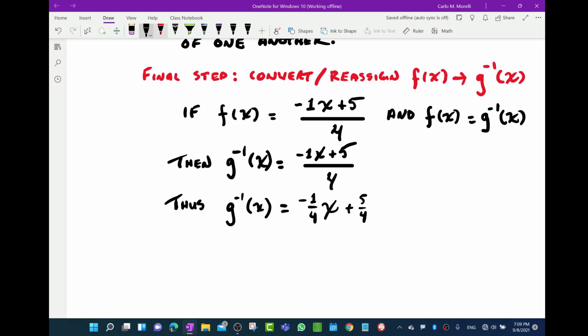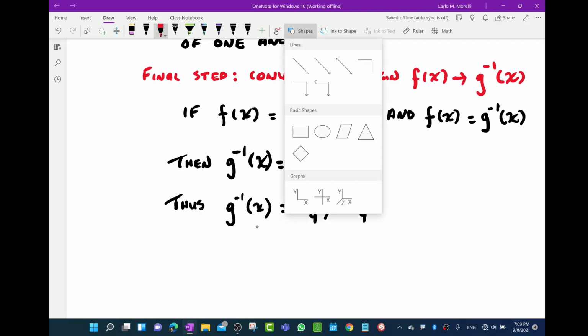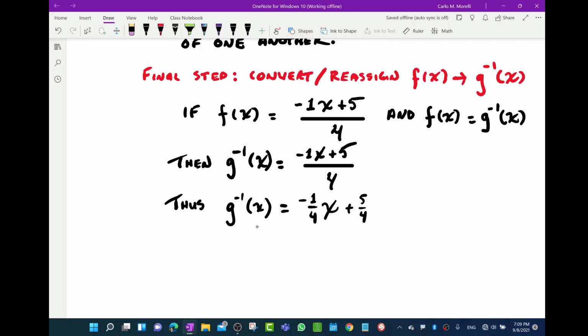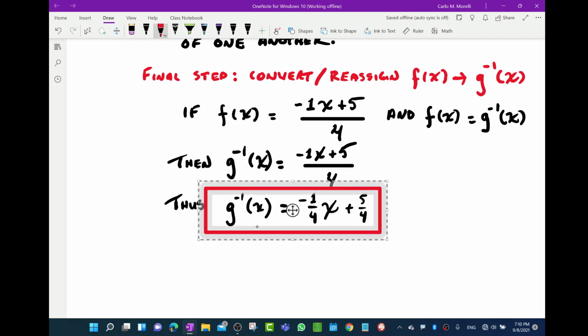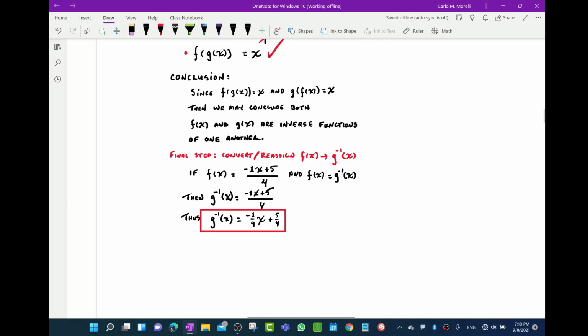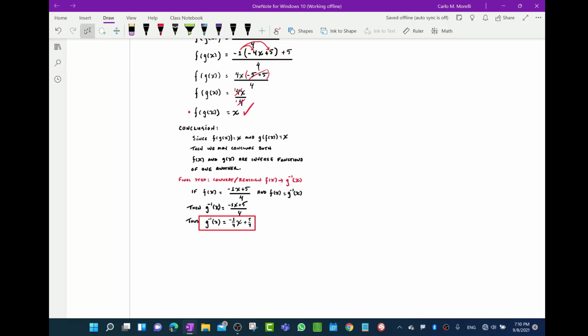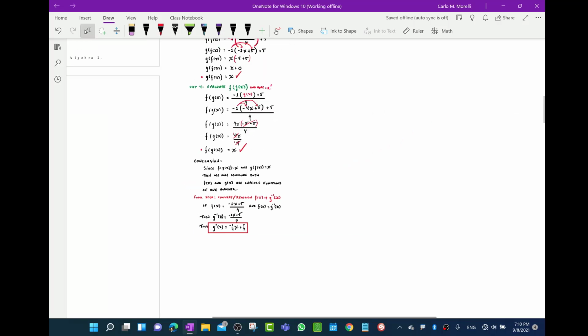Okay, and that is your solution. So g inverse x equals negative 1/4 x plus 5/4. Okay? Negative 1/4 x plus 5/4.